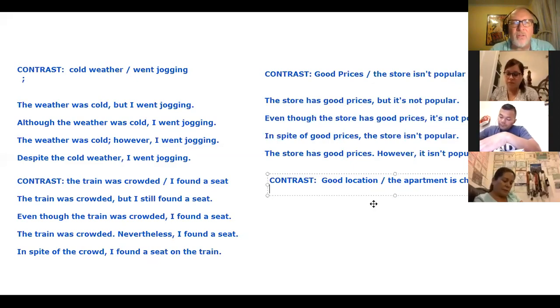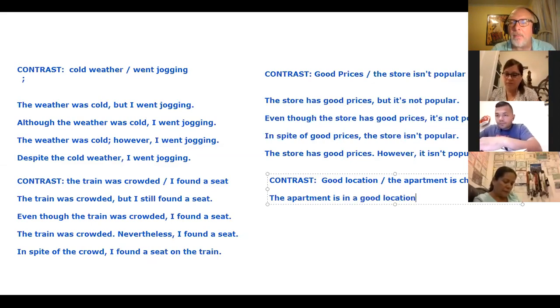Okay? So how could we say it with but? The apartment is in a good location, but it's cheap.